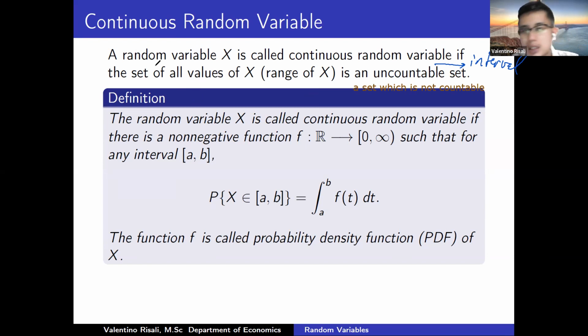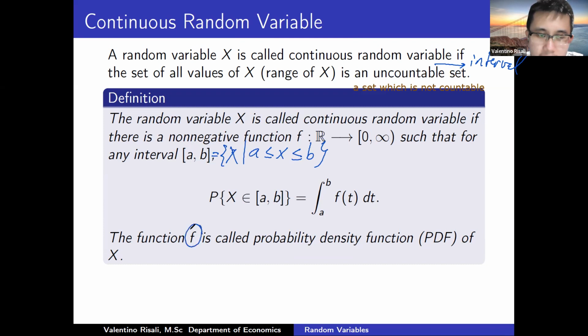And for the specific definition, the mathematical definition, the random variable x is continuous if there is a non-negative function f from R to this set such that for any interval like this, the probability of x in this interval is equal to the integral from a to b f(t) dt.